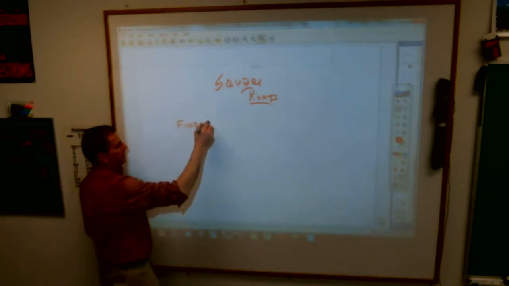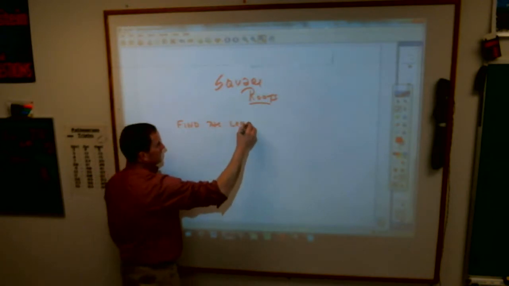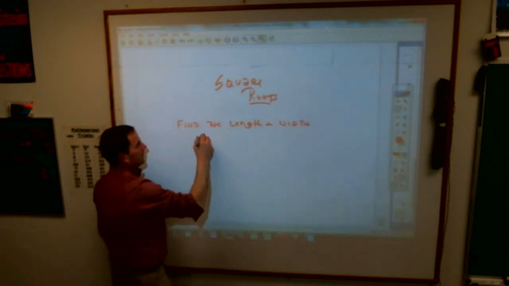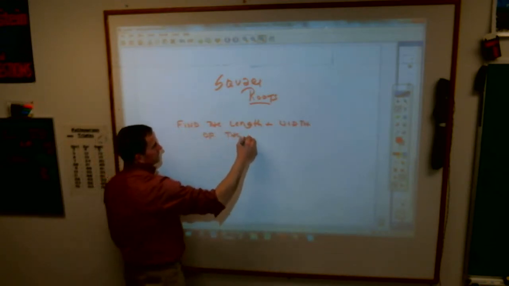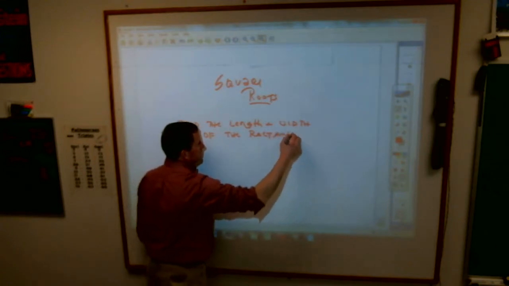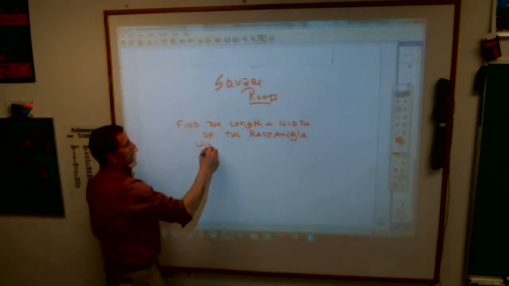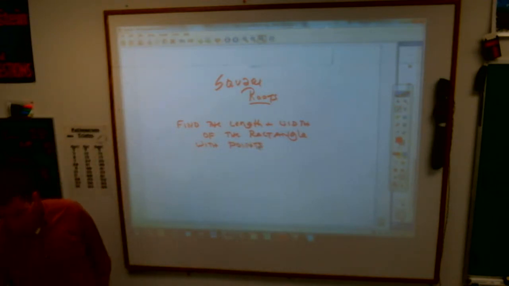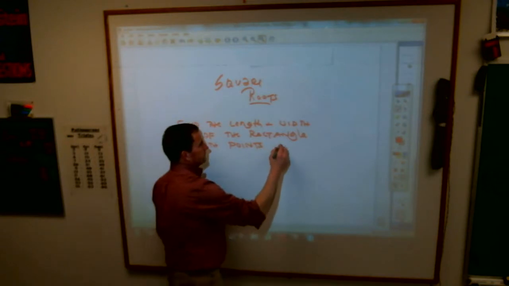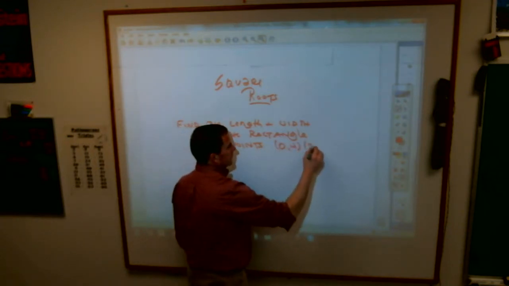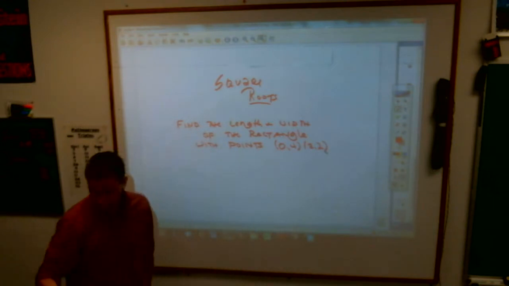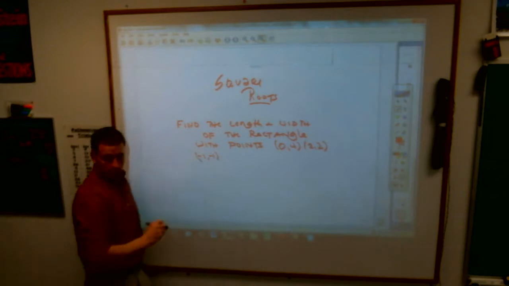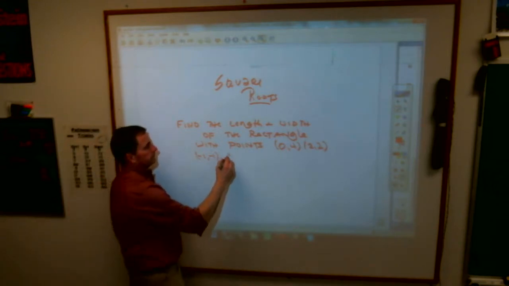Find the length and width of the rectangle with points (0, 4), (2, 2), (-1, -1), and (-3, 1).